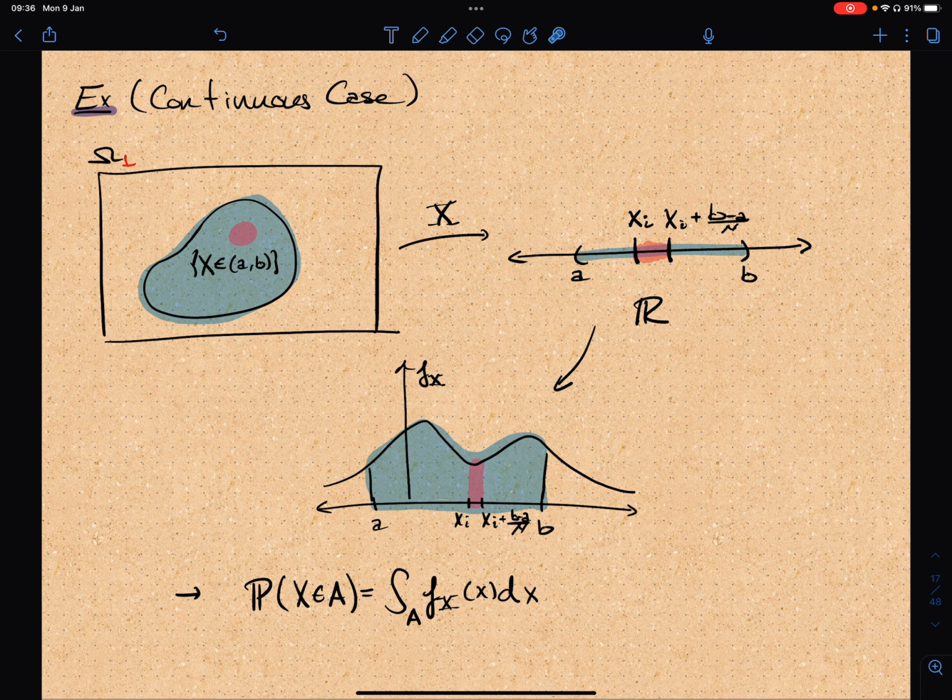And what we do is we break it up into smaller intervals, and we're going to obtain a probability density function, which is just going to be some positive function, which is not necessarily bounded. And then to compute the probability that x is in A, it's going to be given as the integral of this density function over the region A. And this is how we compute probabilities for continuous random variables.